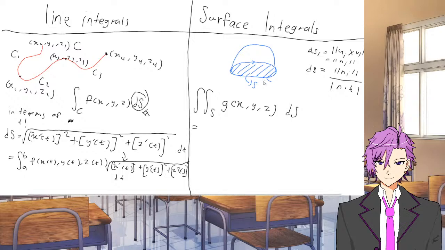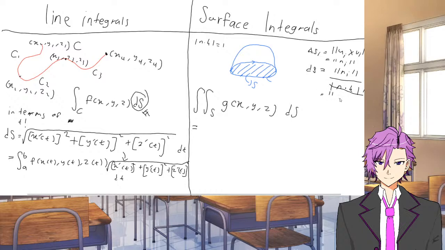So we'll just say that the magnitude of n dot k equals 1. But yeah, dS would also be dA because we're going to use double integrals. And because this surface is over an area, so this is 1.